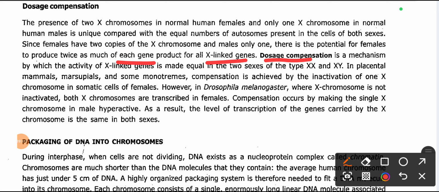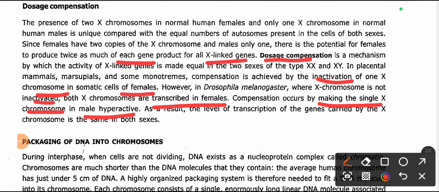In placental mammals, marsupials and some monotremes, compensation is achieved by inactivation of one X chromosome in somatic cells of females. In Drosophila, the X chromosome is not inactivated, and both X chromosomes are transcribed in females. Compensation occurs by making the single X chromosome in the male hyperactive.